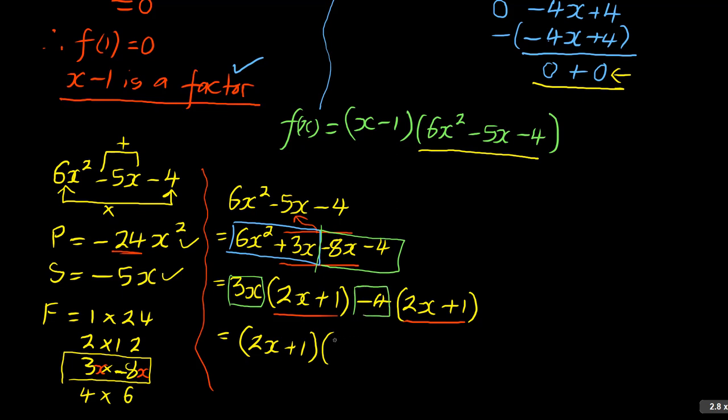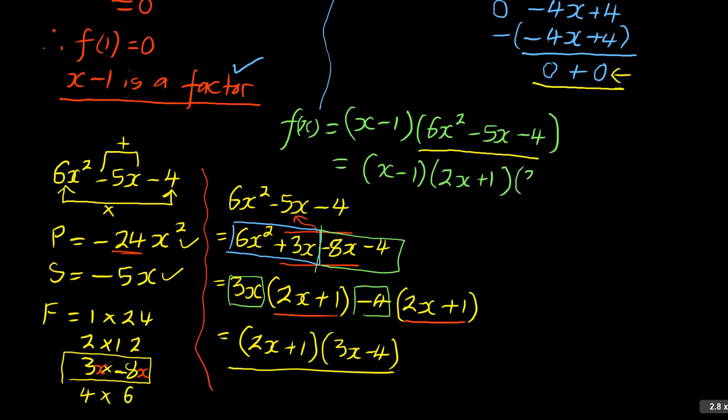So you are going to have 3x minus 4. So now you have managed to factorize. Now if I write the whole expression of f of x, I can say f of x is equal to x minus 1, 2x plus 1 and 3x minus 4.